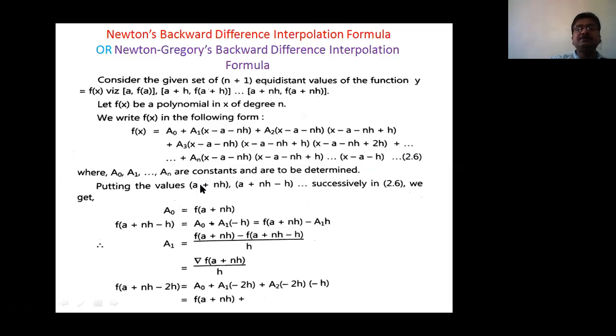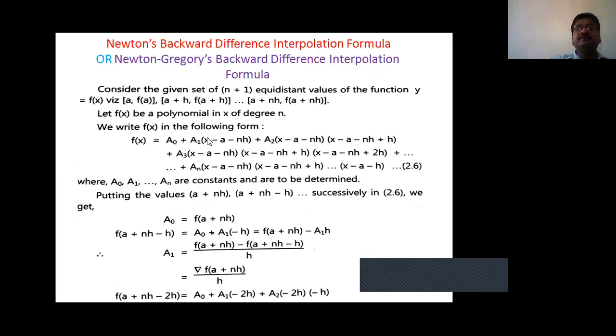If you substitute X as A plus NH, then this is what? The value of this bracket is 0. Similarly, the value of this bracket is 0. So all the coefficients of A1, A2, A3, An are 0.